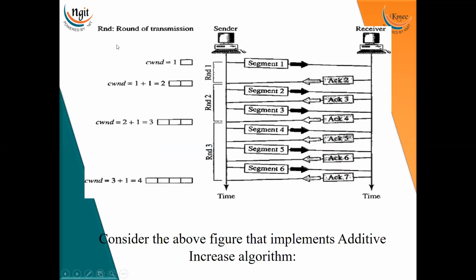In the first round of transmission the congestion window is 1, then it is increased to 2, then 3, then 4. One after the other, the congestion window is increased. Consider the above example that implements the additive increase algorithm. That means if the number of packets is larger, the window size automatically increases.